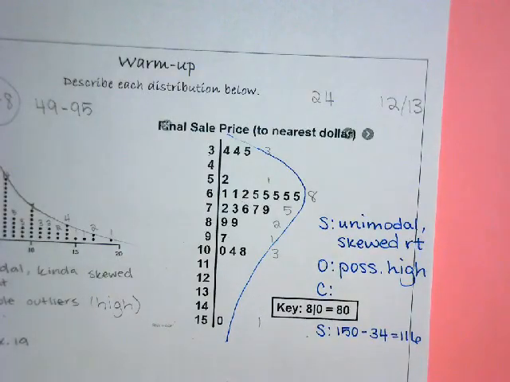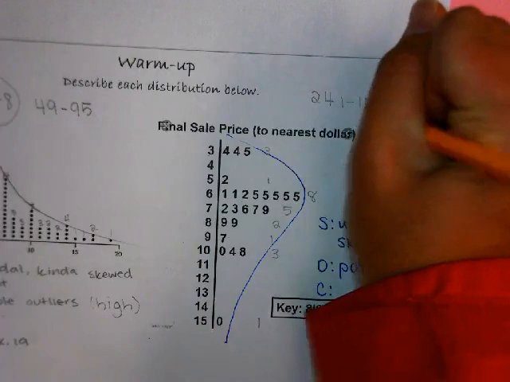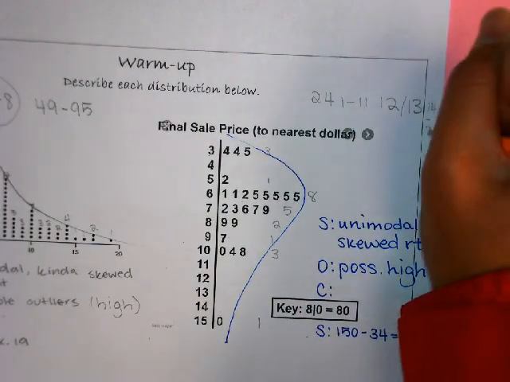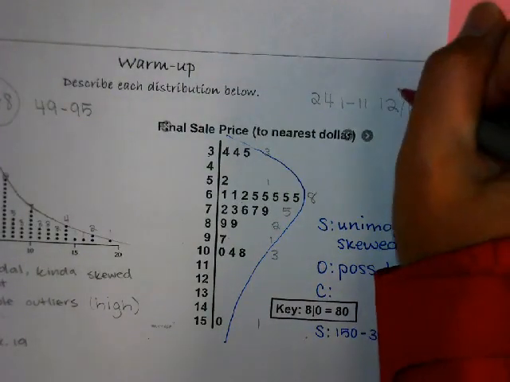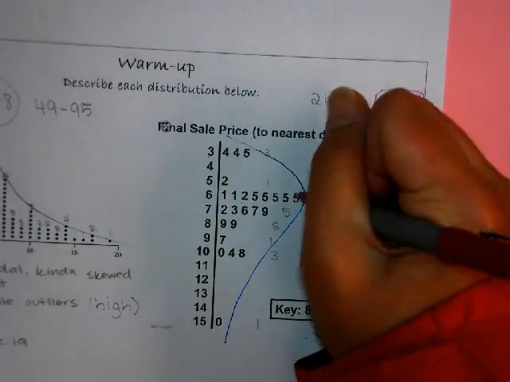That leaves 11 pieces below. And then 14 through 24 is also 11 pieces of data. So we're going to look for the 12th and 13th. So 12 is right here, 13 is right there.